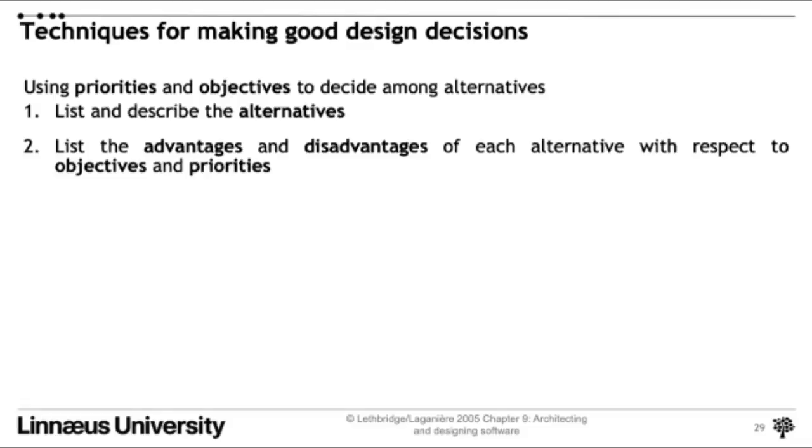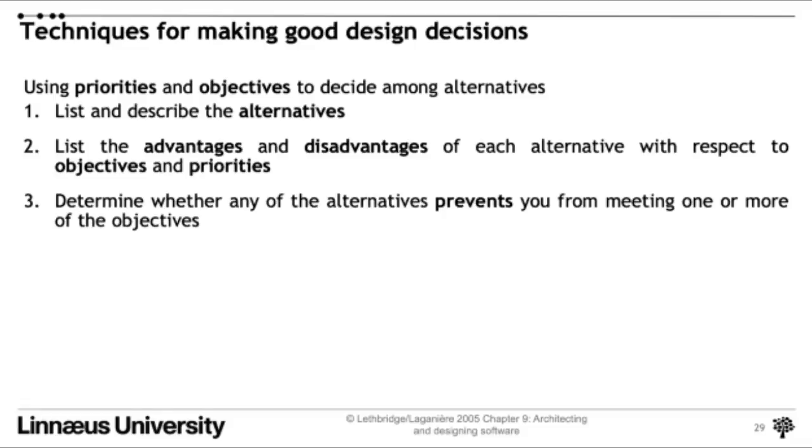Then start from the requirements. That is always your starting point. Then list all the possible alternatives and write down the advantages and disadvantages of these alternatives with respect to the objectives and priorities, of course. Then, third, determine whether any of the alternatives prevents you from meeting one or more objectives.